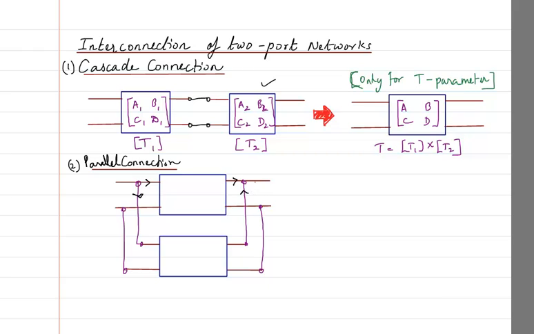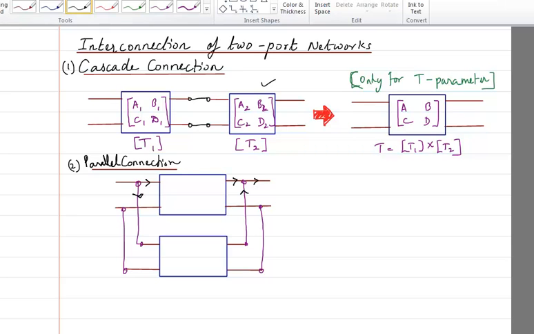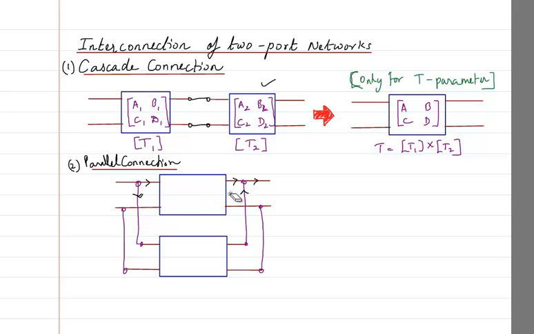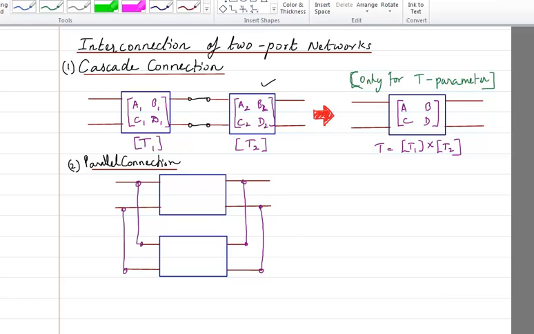Or we can draw it in the opposite direction also, no problem. But in series connection you will find that an almost similar structure comes. What you should remember is that it is called parallel because the current is getting split between two branches.